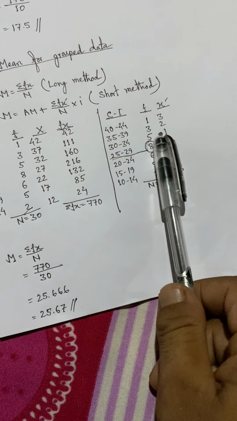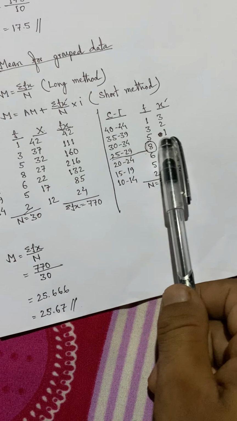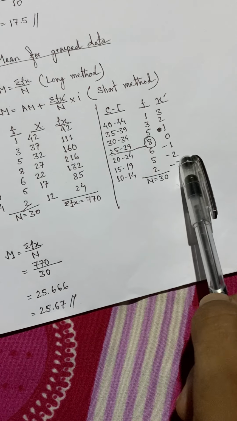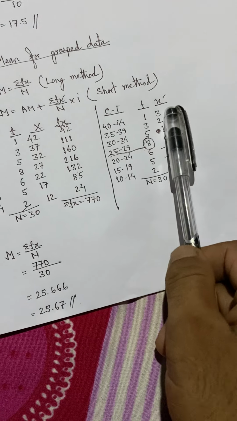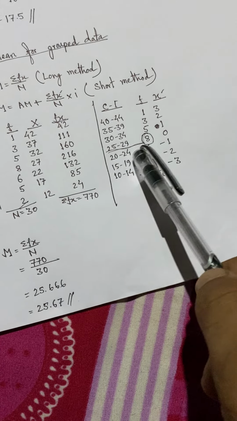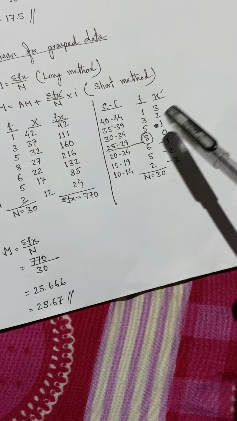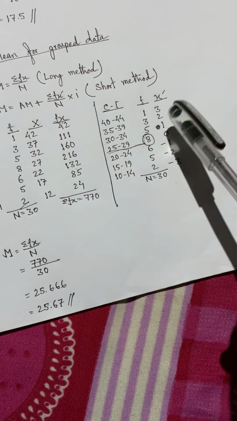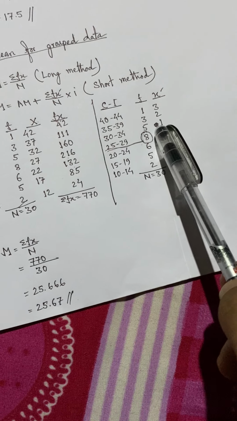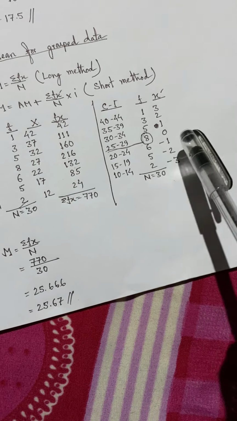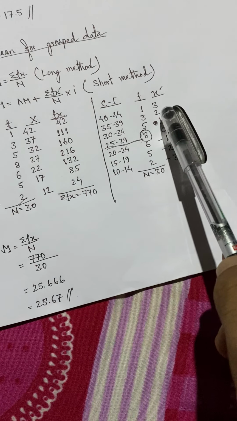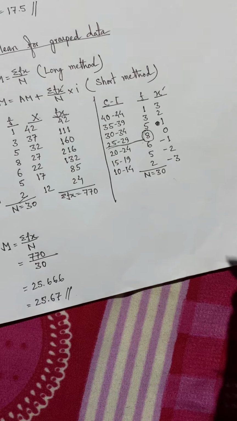First find the highest frequency, assume the mean there and write 0; below it all are negative and above all are positive. It goes 1, 2, 3, 4, 5 according to the number of classes. After the assumed mean you have only 3 classes, so write up to 3: -1, -2, -3, and above +1, +2, +3.